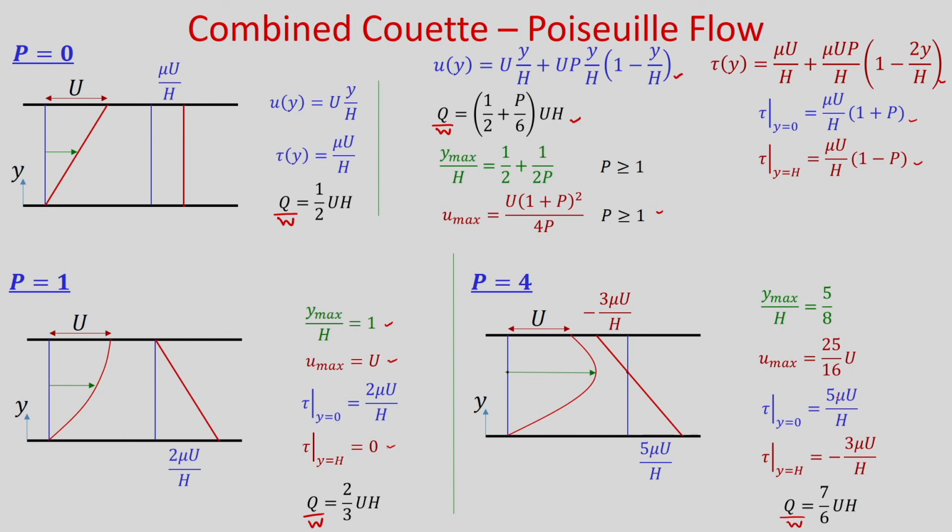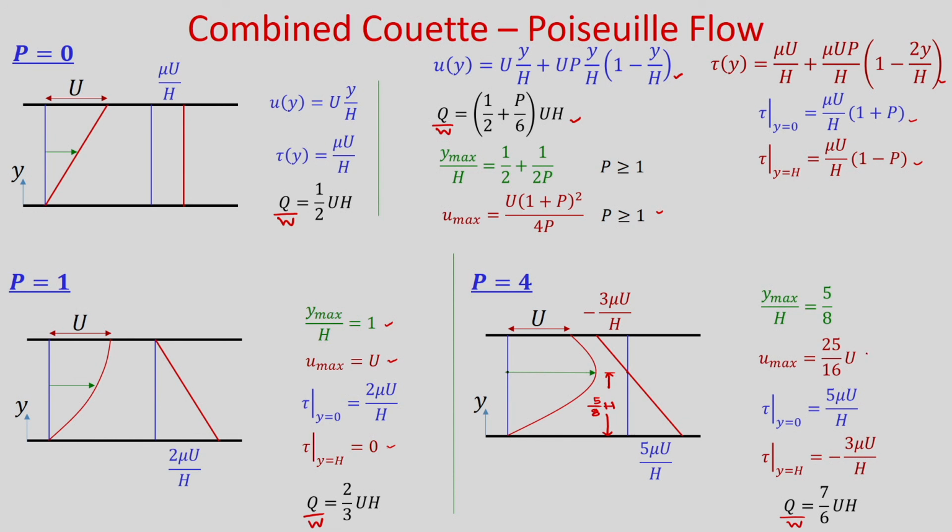So, you can see obviously at location y max by h equal to 5 by 8 you will get the maximum velocity. That means this distance is 5 by 8 into h, and the shear stress distribution is like this, and the maximum velocity is occurring at y is equal to 5 by 8 into h.